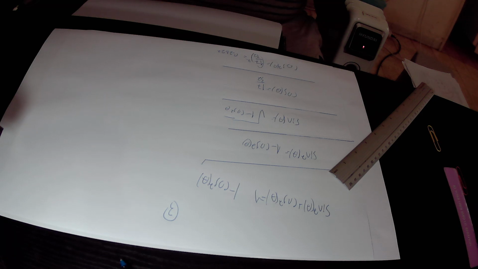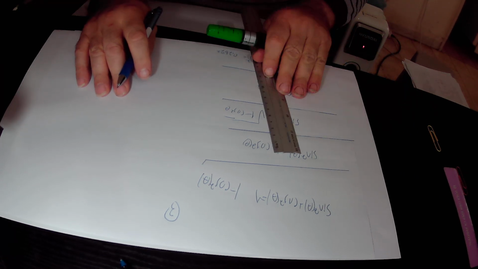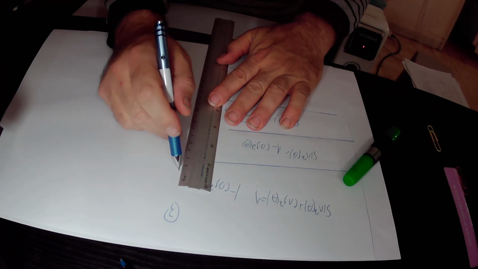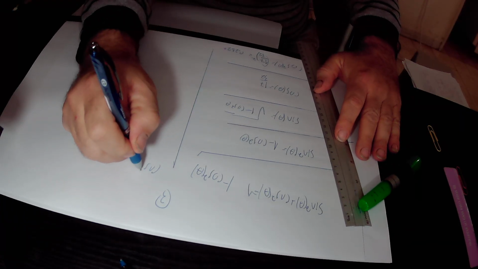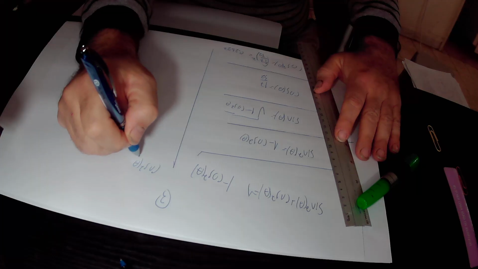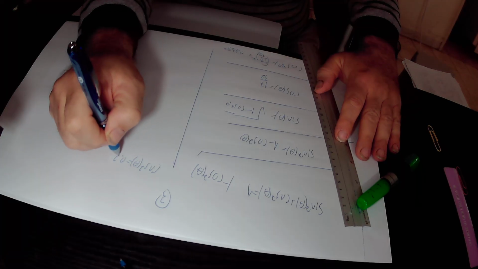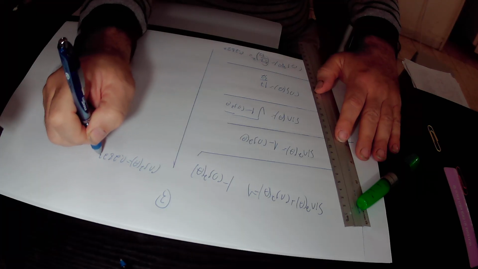And again, cosine squared theta equals 0.2822.